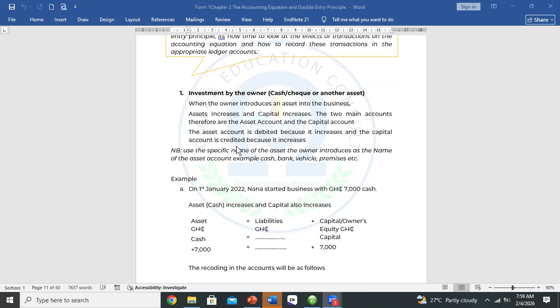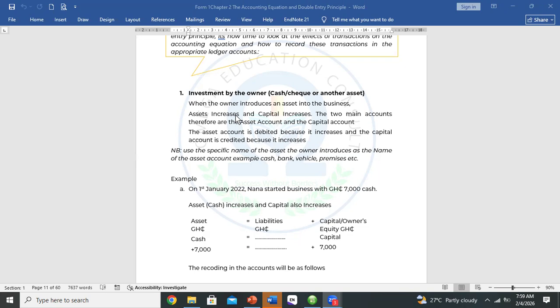Okay. The other account will be the asset or the resource the owner is investing. So if the owner is investing cash, then we open cash account. If the owner's investment is in the bank account or came in the form of a check, we open the bank account.